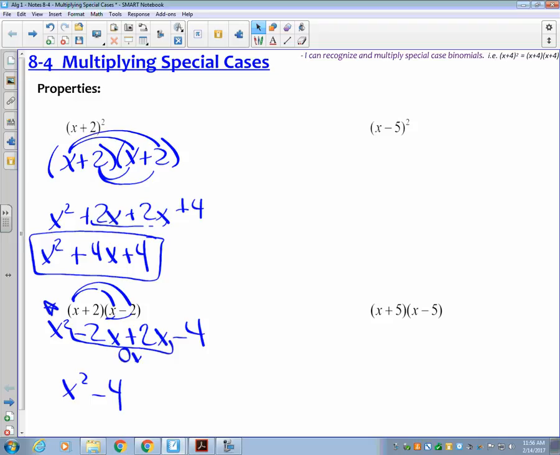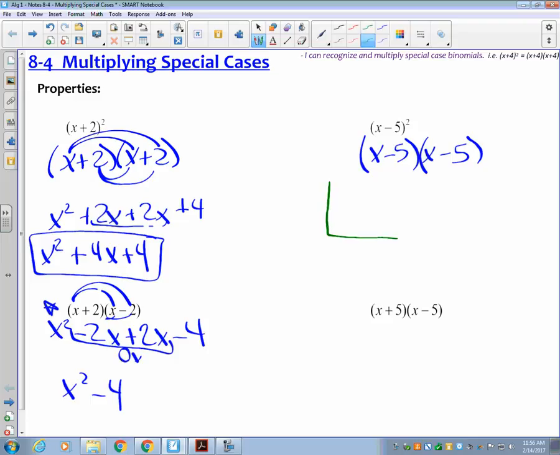Okay, let's go take a look at this x minus 5. When I have a squared, it means each item itself multiplied by itself. When I FOIL this out, actually let's go box method just for funs, just so you guys can see both ways. X times x is x squared.